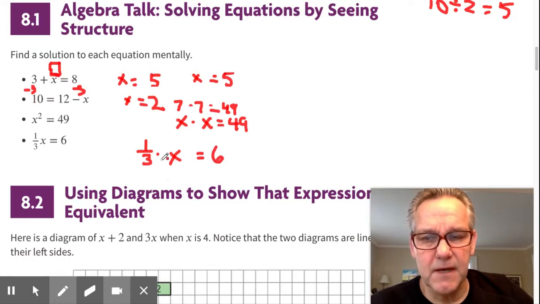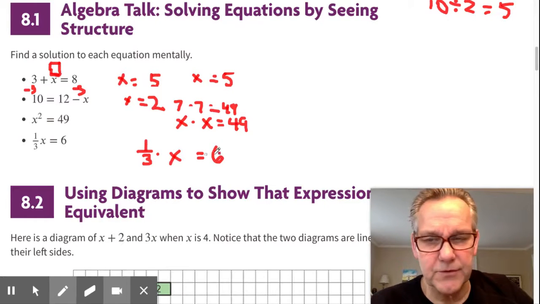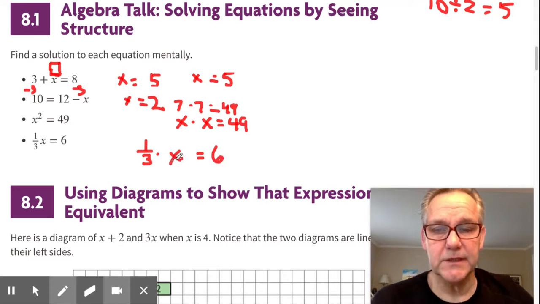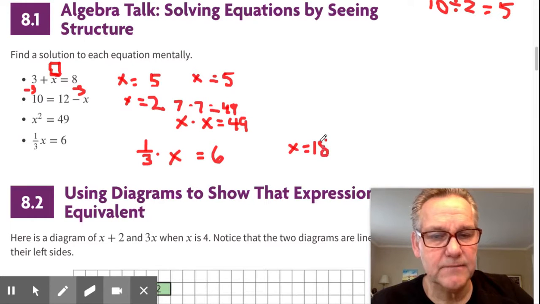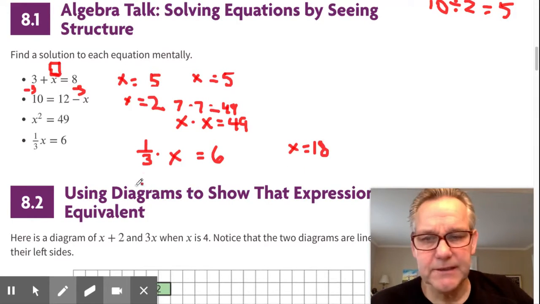So some number multiplied by 1/3 equals 6. It's the same as saying some number when divided by 3 equals 6. Well, once we phrase it that way, I think most of you already know that x must be equal to 18.